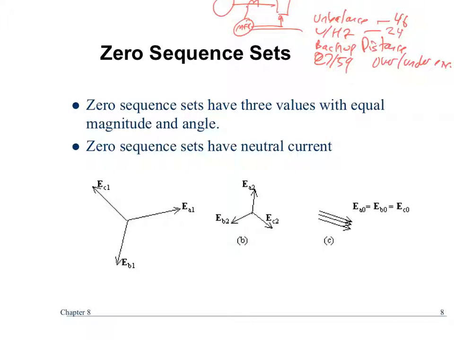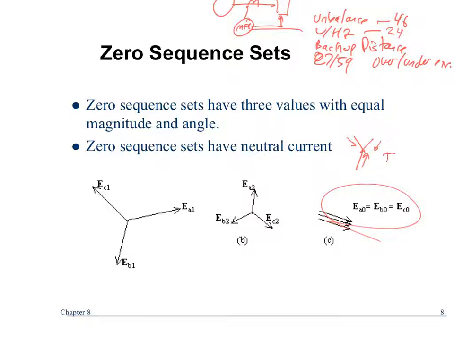Okay? So, zero sequence, that is the zero sequence where they're all the same magnitude and phase. Notice they are equal to each other. So I'm setting you up a little bit. How about here? What happens to the neutral? Well, all the currents we'll assume are going in that direction.